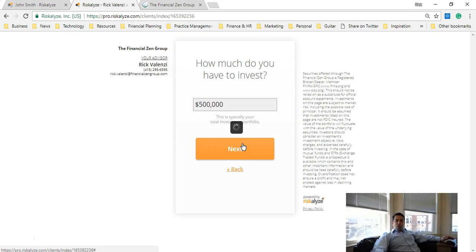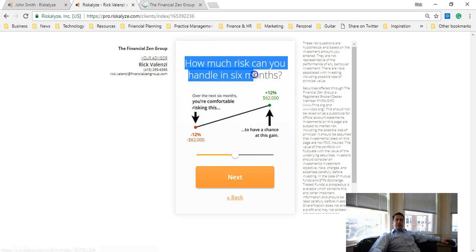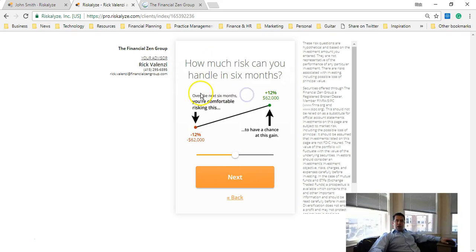So now we get into the meat of the exercise, and it pops up here, and it says, how much risk can you handle in the next 6 months? It says over the next 6 months, you're comfortable risking $62,000 for a possible gain of $62,000. So up or down 12%. So let's say John says, "Oh, that's a little bit more than I can be comfortable with.